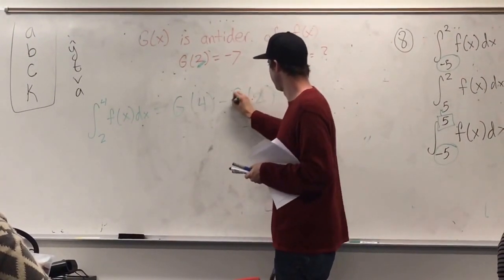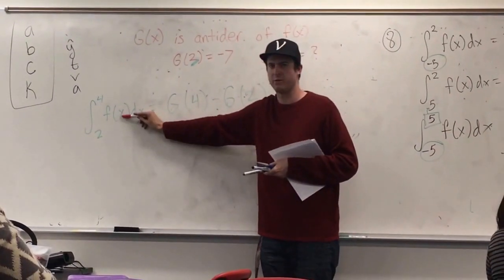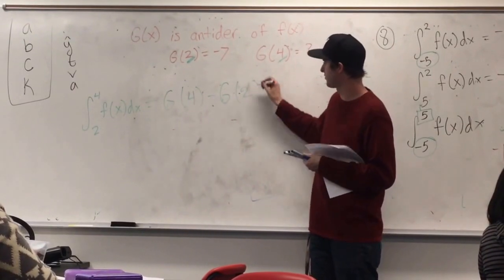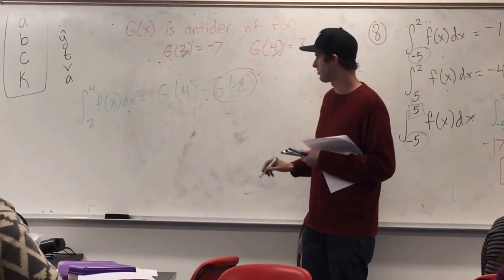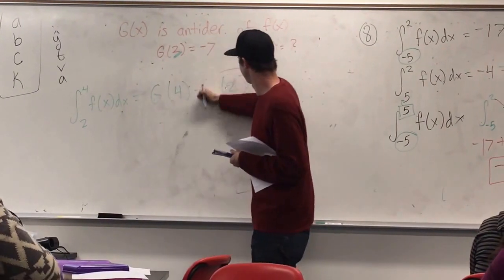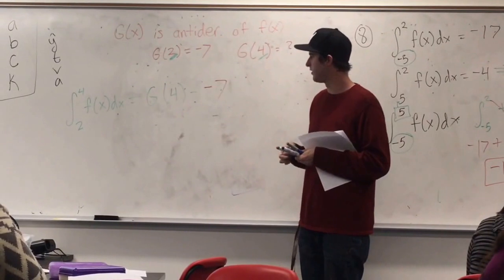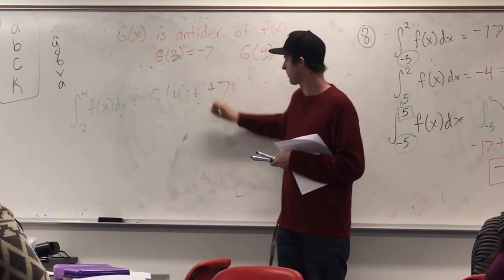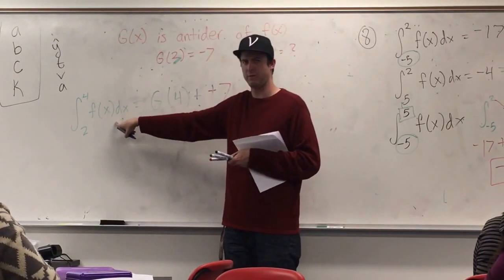Now, I don't know the answer here, but I do know that this one is -7. So I can replace this with -7, and then the negative and the negative make it positive. And I want to solve for g of 4. Couldn't I just subtract 7?